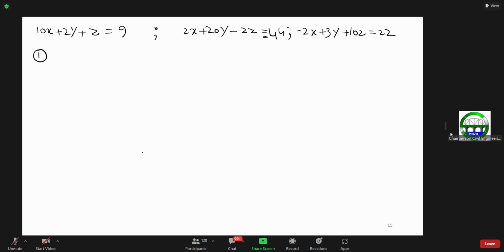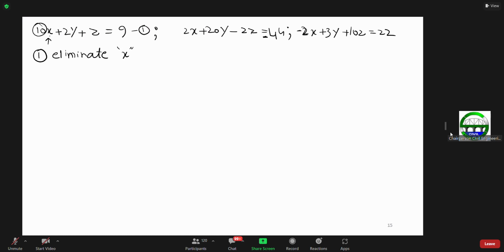Okay, so first I will eliminate x. To eliminate x, I have to see the absolute value of the coefficient of x. The absolute value of the coefficient of x is larger in here, right? So I will find the value of x from this equation.